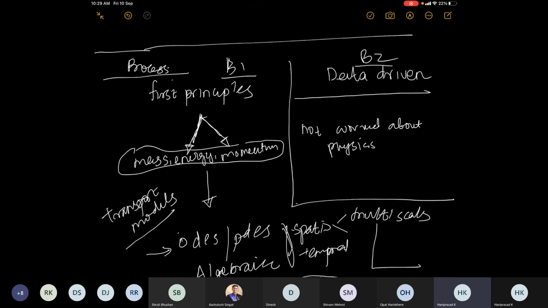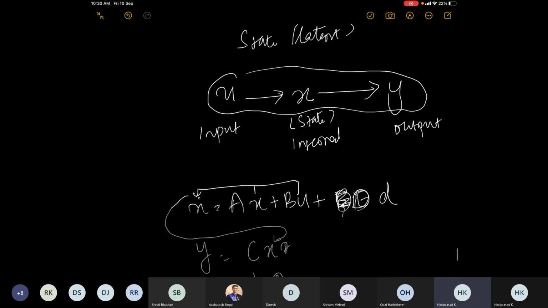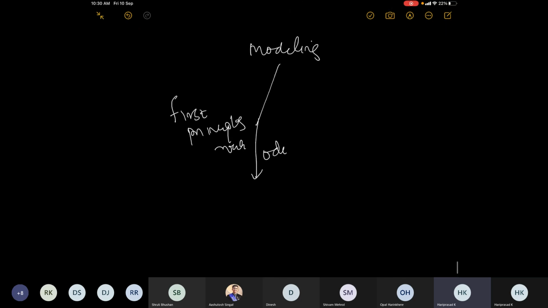But oftentimes these physics-based models are very difficult to develop because you don't have any physical understanding. Because most of these models which contain physics are severely based on assumptions.